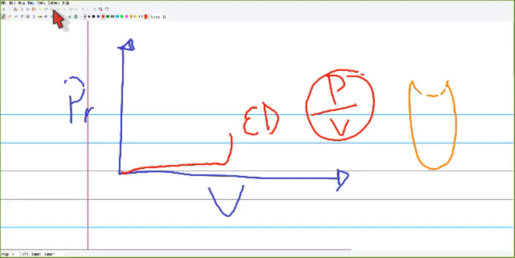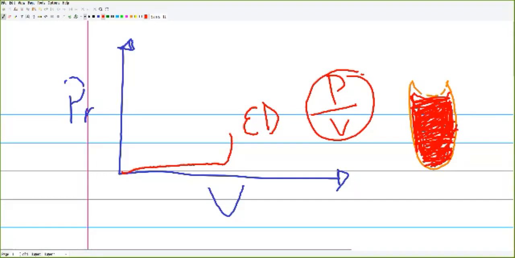So here the volume is 0, then begins to rise, and the pressure begins to rise. Here the pressure is normal. Now we begin to put more and more volume, and then the pressure starts to rise exponentially, right?